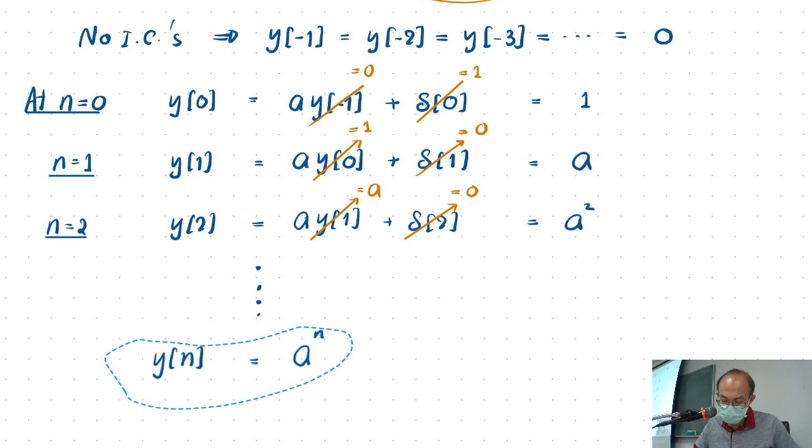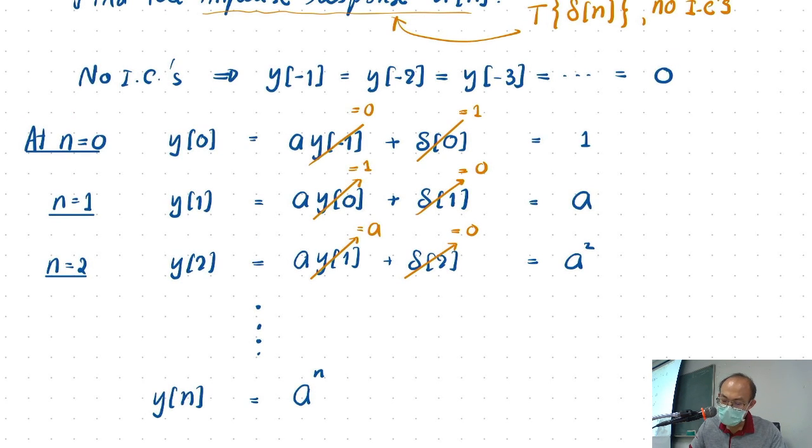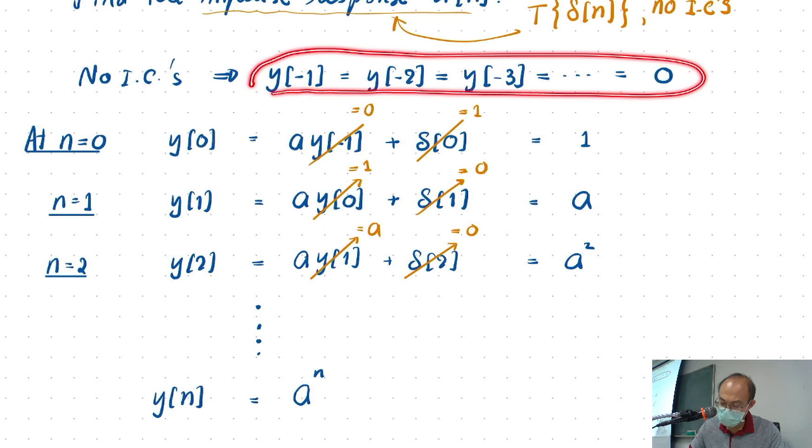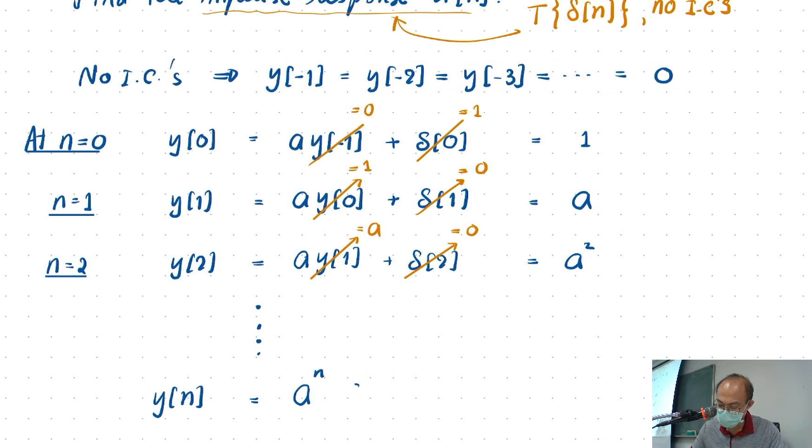You can conclude that y at n is equal to a to the n, but this is not enough because we know that at negative values of n, y would be 0, right? So we need to multiply this by u[n] to make sure that you won't get any y when n is negative.